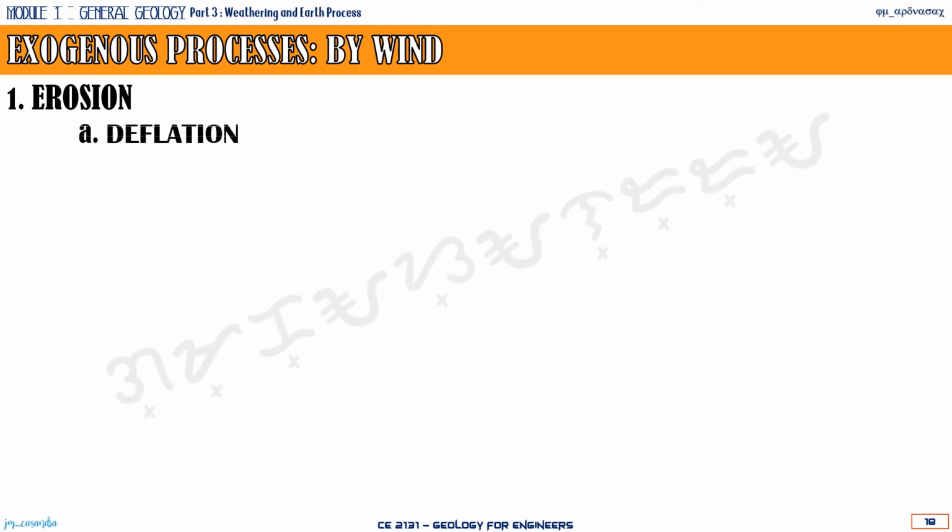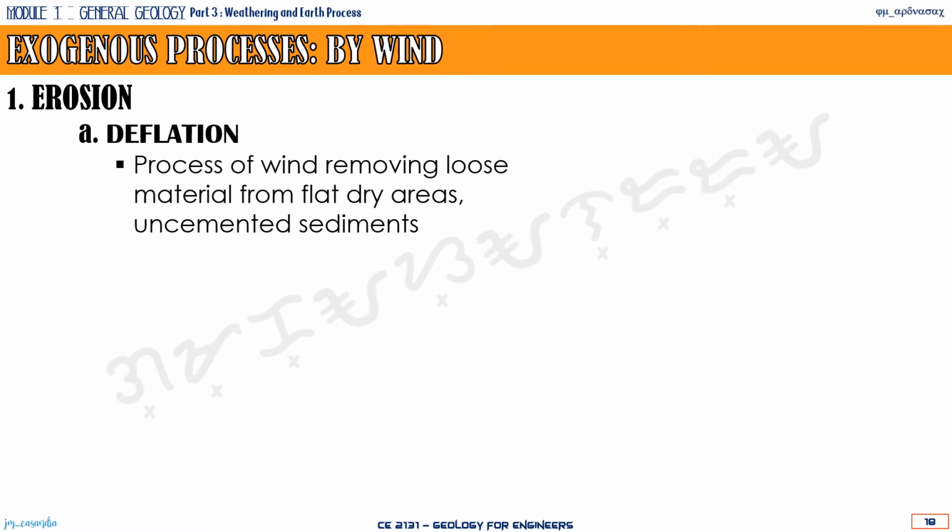The first one is what we call deflation, wherein this is the process of the wind removing the loose material from flat areas and uncemented sediments. So yung mga buhangin, dust, sa flat area, pag nilipad yon, nawawala yung mga loose materials nyo, loose rocks or sediments, then it is under deflation.